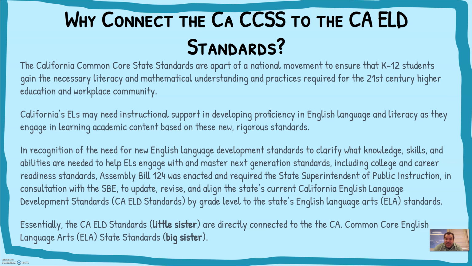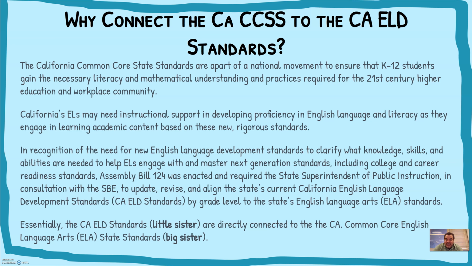In recognition of the need for new English language development standards to clarify what knowledge, skills, and abilities are needed to help English learners engage with and master next generation standards, including college and career readiness standards, Assembly Bill 124 was enacted and required the state superintendent of public education, in consultation with the SBE, to update, revise, and align the state's current California English Language Development standards by grade level to the state's English Language Arts standards.